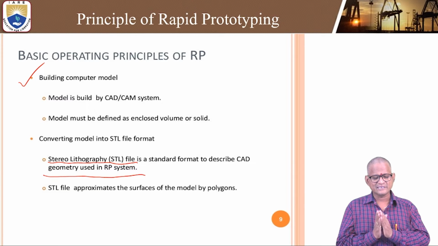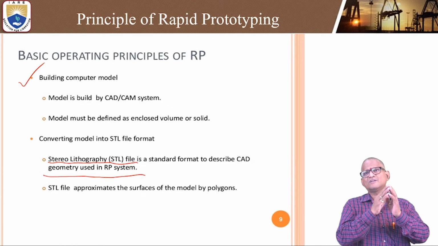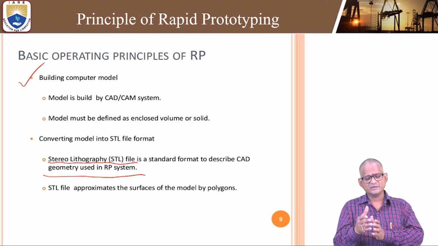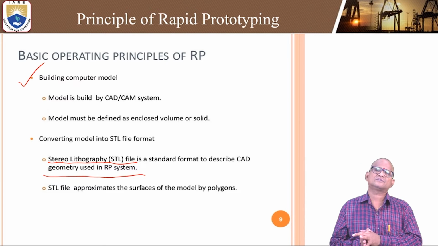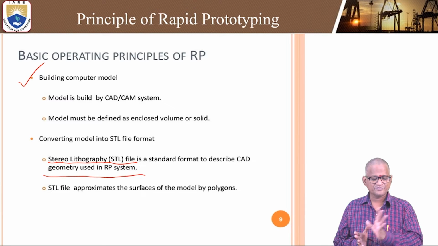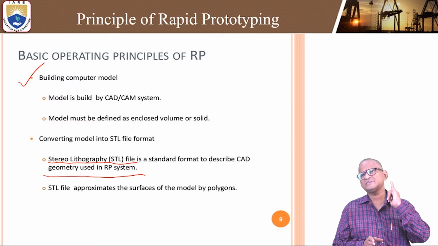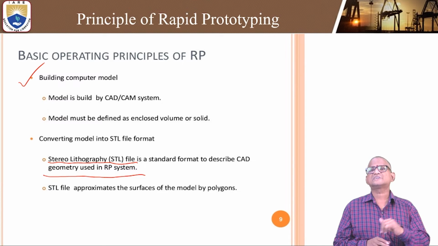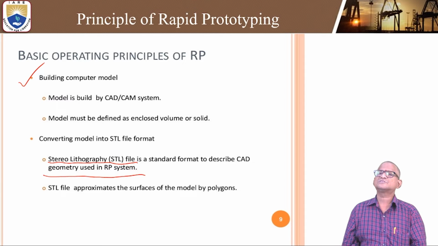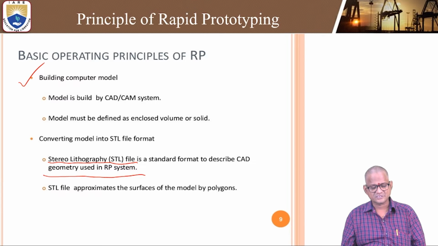Once you have designed in 3D, directly convert that computer file into STL format. STL means stereolithography file format. This is the only standard format to describe the CAD geometry used in the rapid prototyping system.